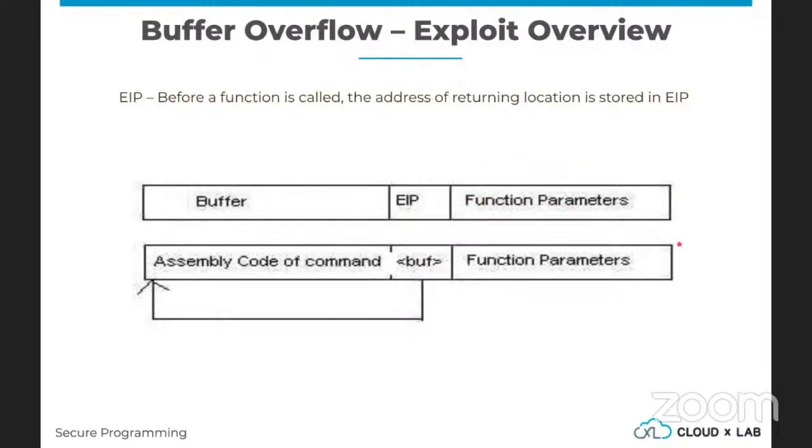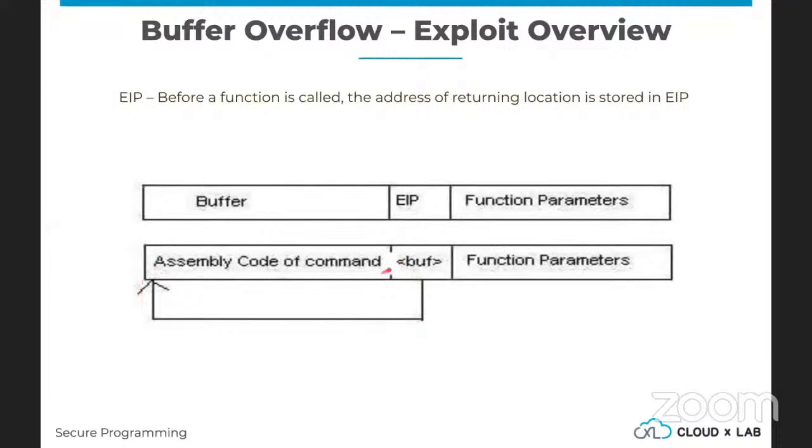Generally, it returns to the previous function that called this. So this execution instruction pointer is the key thing here. If your function is overwriting a buffer, it basically overwrites the execution instruction pointer. And this is where that core dump or segmentation fault happens, right? Now, if you write the buffer such that you make it point to the buffer itself.